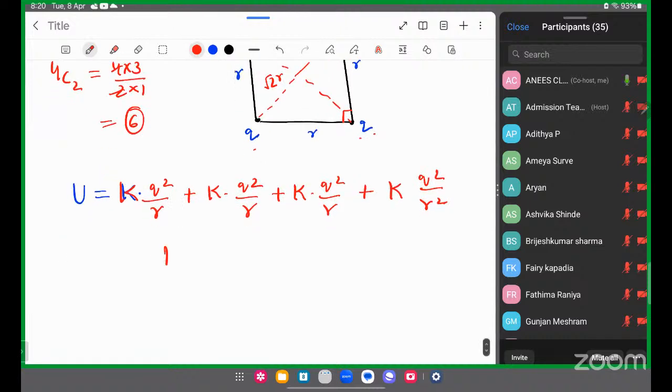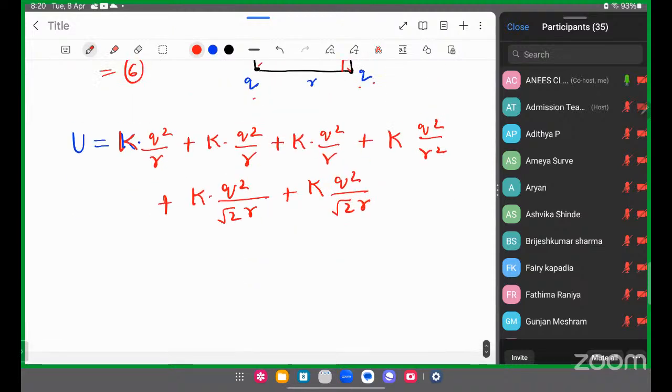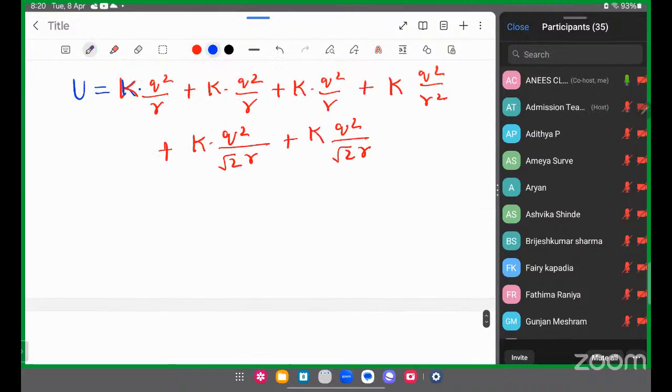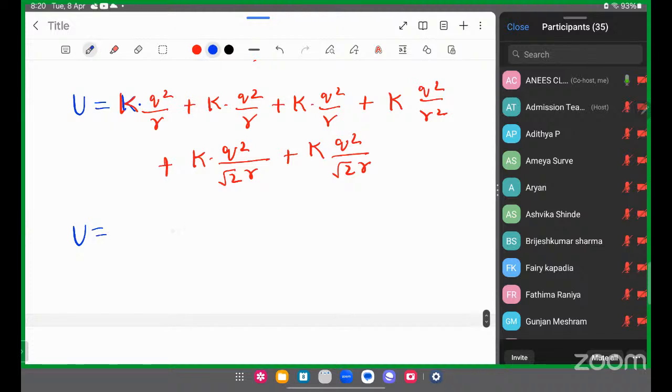So the remaining 2 pairs will be k q square upon root 2 r plus k q square upon root 2 r. Now if you simplify it, you will get 4 times k q square by r plus 2 times k q square by root 2 r.